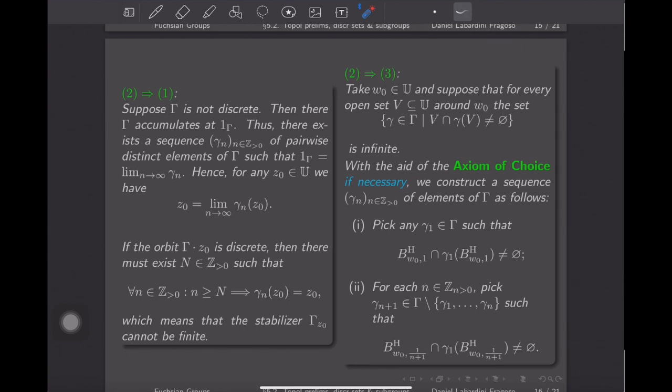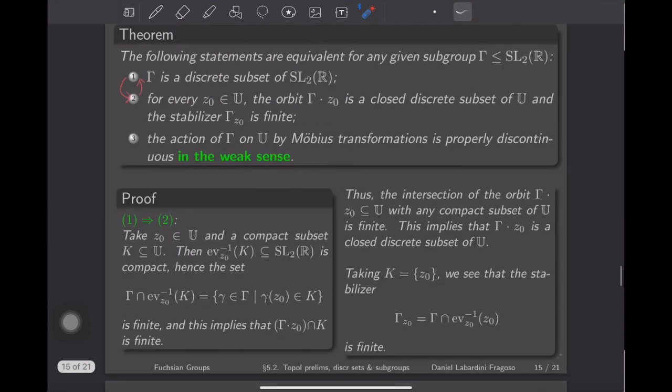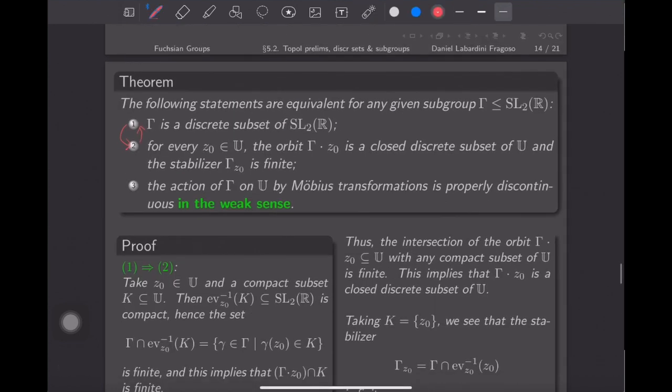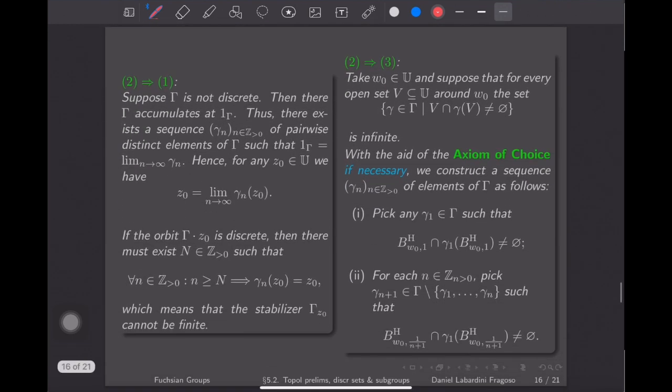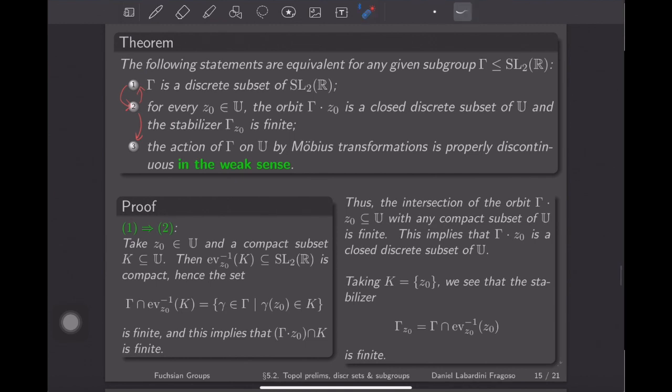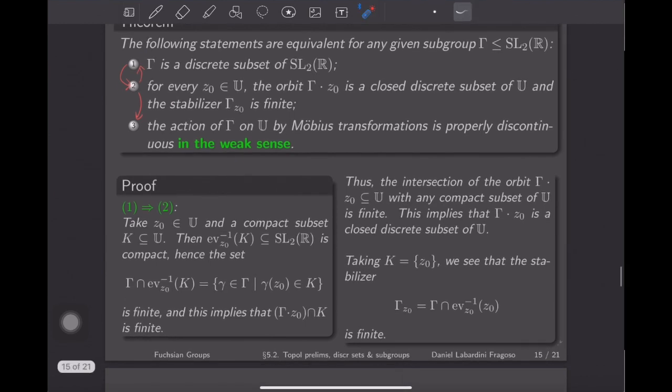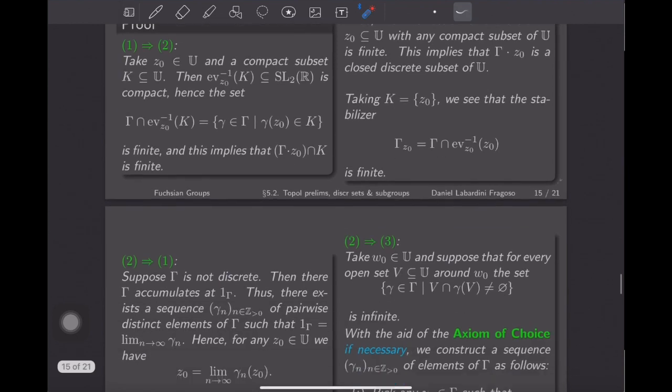Okay, now for 2 implies 3. Yeah, so I want to show proper discontinuity in the weak sense, and I'm going to assume that orbits are closed discrete and stabilizers are finite.